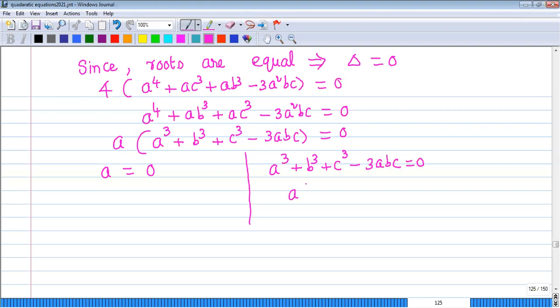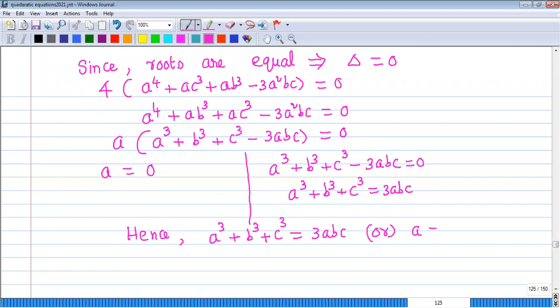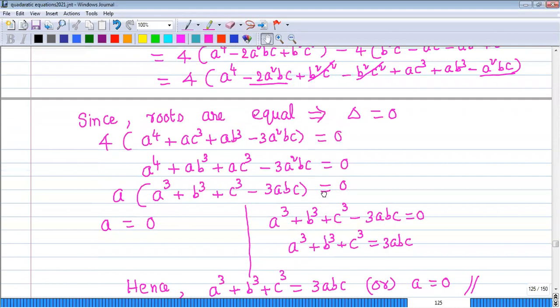So we can write a cube plus b cube plus c cube equals 3abc. Hence a cube plus b cube plus c cube equals 3abc, or we get a is equal to 0. So you check the solution once again.